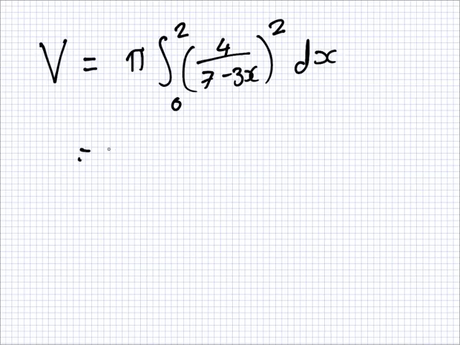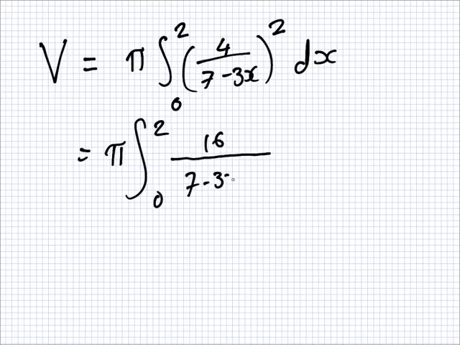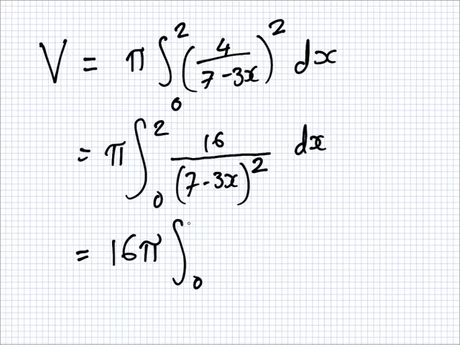So let's square that. We have on the top 16 and on the bottom, I'll keep it like this for the moment. I'm going to take the 16 out. So 16 pi, integral from 0 to 2 of 1 over (7 minus 3x) squared dx.